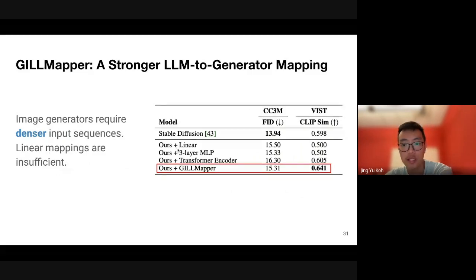If you instead use a linear layer or an MLP or a simple transformer, it does significantly worse as measured on CLIP similarity against visual storytelling. So the GILL mapper module seems to be essential to having strong performance on producing embeddings for Stable Diffusion. Without the GILL mapper, the generation performance is quite a lot worse.